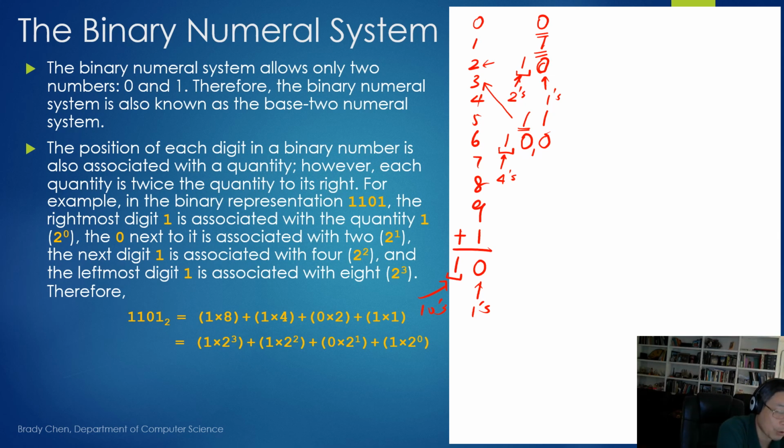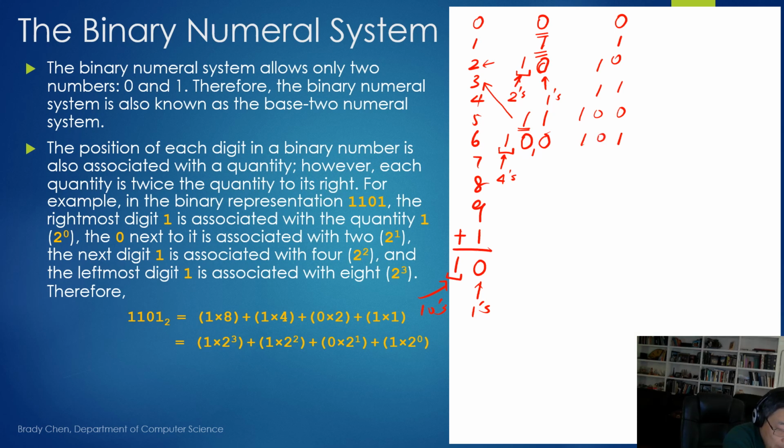It's called the 4's position. So this is how we count the binary numbers. We can count as 1, 0, 1, 1, 0, and 1, 1, and then 1, 0, 0, and then we can continue to count, right? So it's 1, 0, 1.